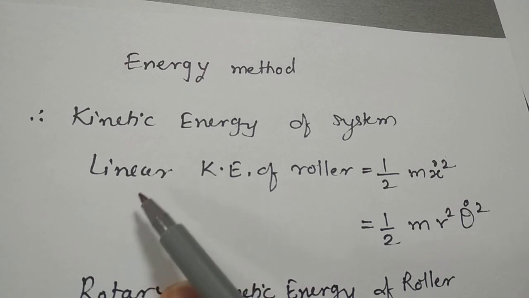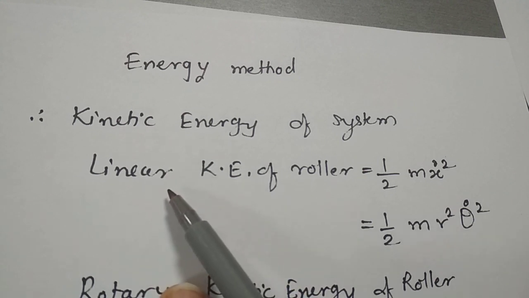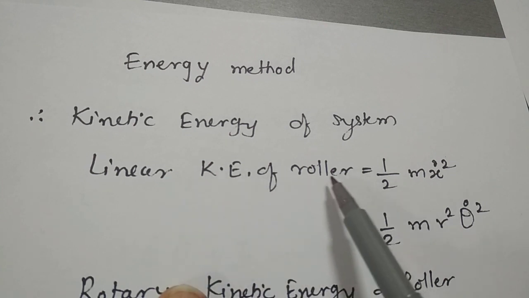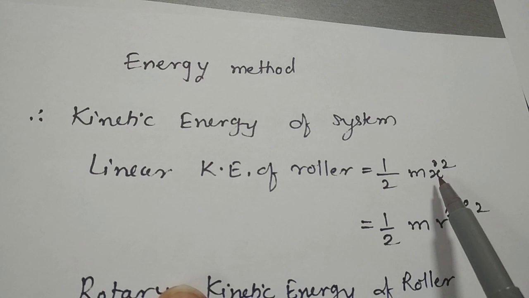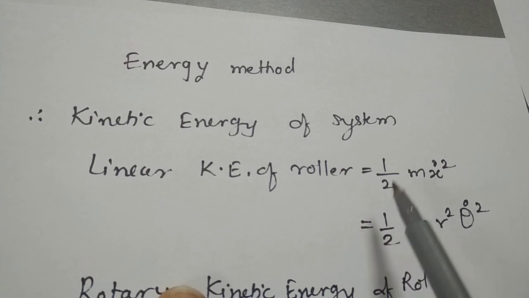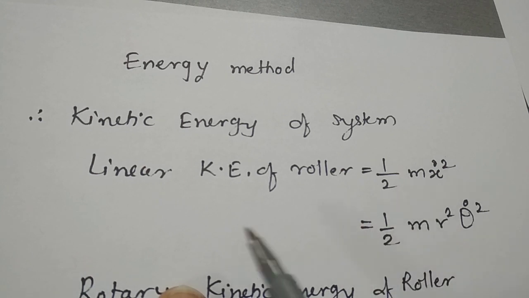We already discussed the linear motion is there, so the kinetic energy in linear motion of the roller is 1/2 m velocity square, which is represented as x dot square. We know that x dot is equal to r into theta dot. So the kinetic energy of the roller is equal to 1/2 m r square into theta dot square, as it is rotating also.